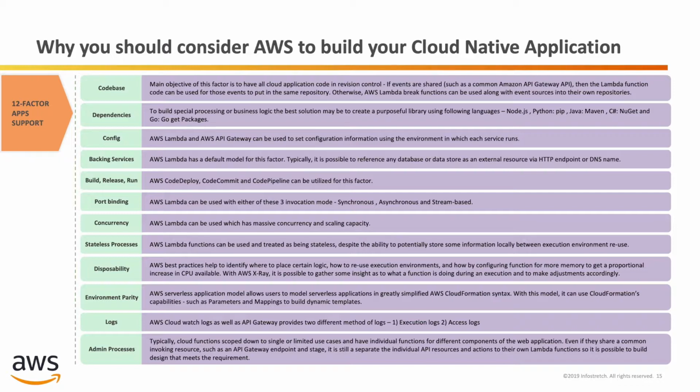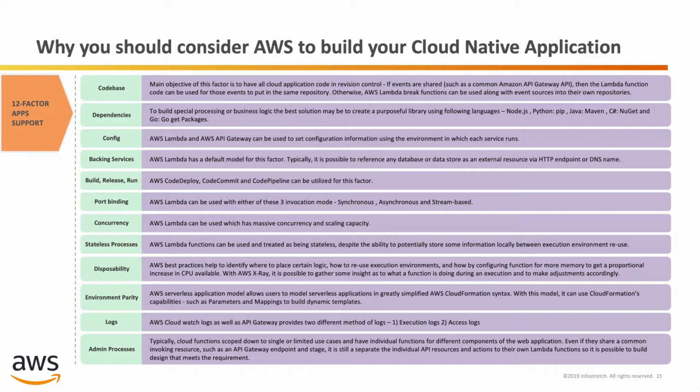This single code base should also represent the code used in all of your application environments like development, staging, production, etc. For dependencies, code that needs to be used by multiple functions should be packaged into its own library and included inside of your Lambda deployment package.